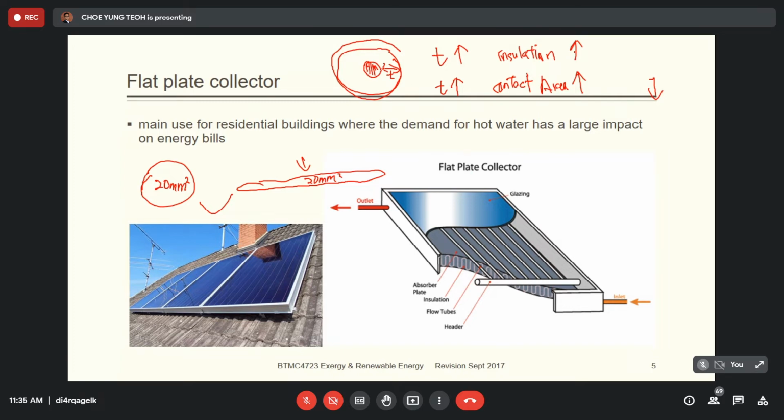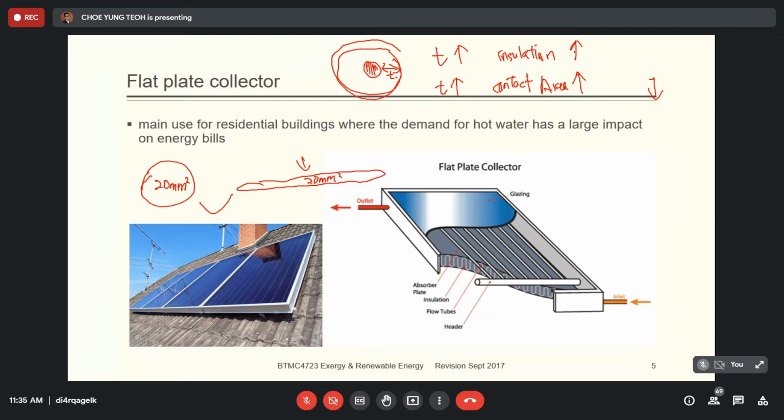And how to calculate this? I think mechanical students should know it when you study heat transfer. I don't know in which year you study this. You will learn how to find the optimum thickness for the insulation. It would not be as small as possible, but it has an optimum value.